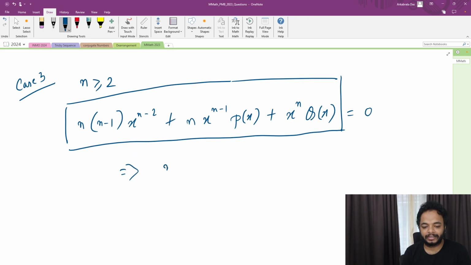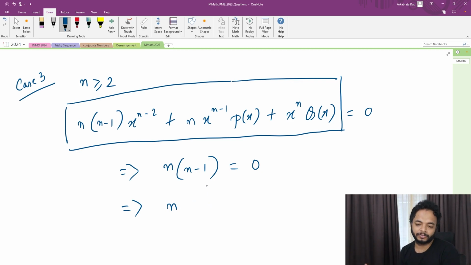So this tells us that n times (n minus 1) should be equal to 0. Other coefficients will also be 0, but coming to the very first coefficient, n can be 0 or n can be equal to 1.